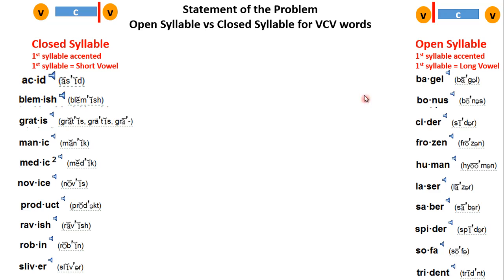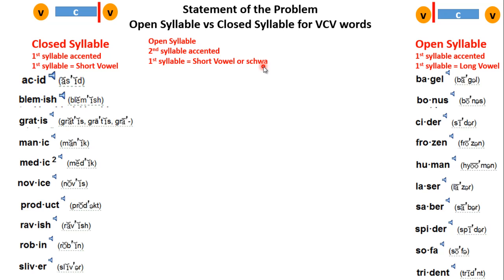Now it's very complicated. How do you know which one to use? Do you use the open syllable or closed syllable? It's hard to decide. Let's make it even a little bit more complicated. So we have a third pattern. This time we're going to make another open syllable, but this time the second syllable is accented, which makes the first syllable vowel short or schwa.